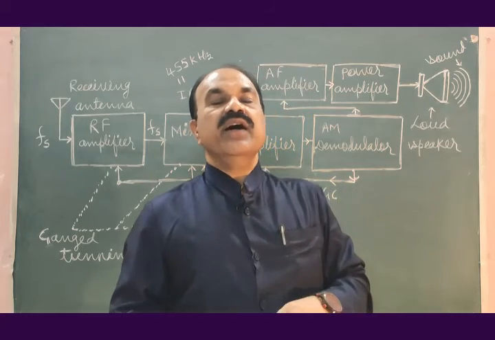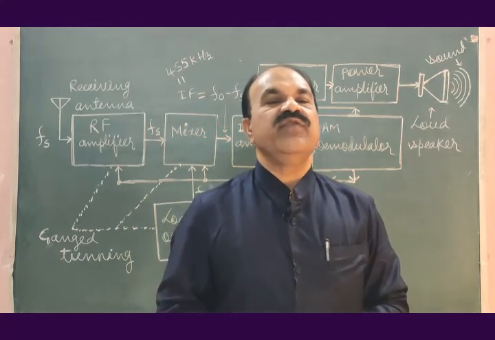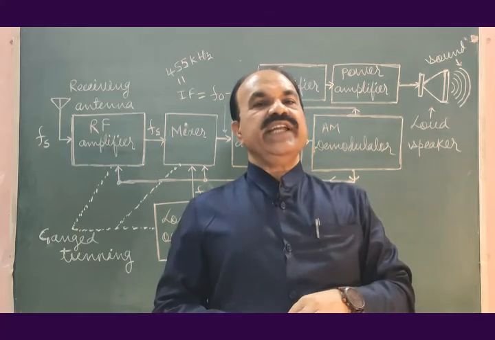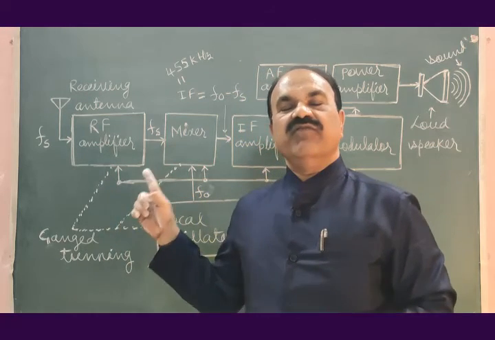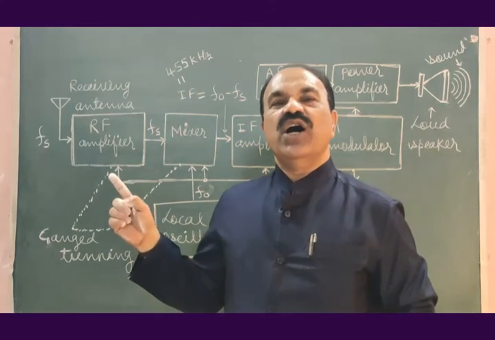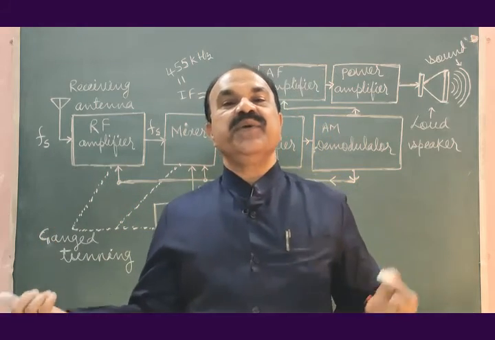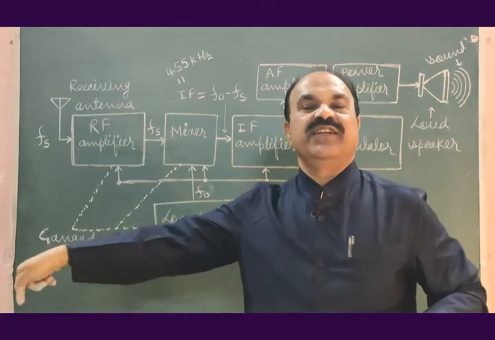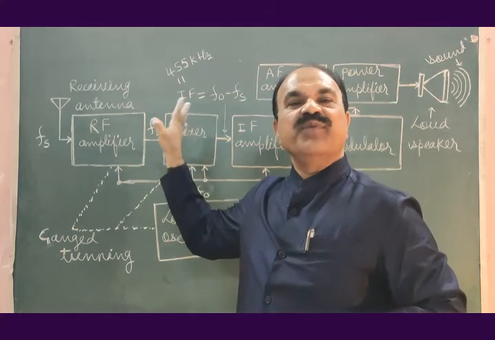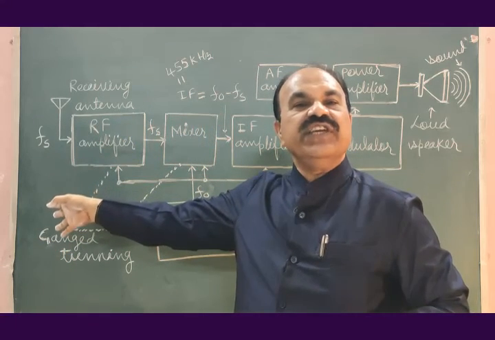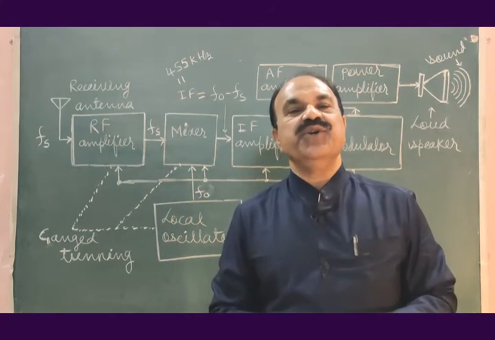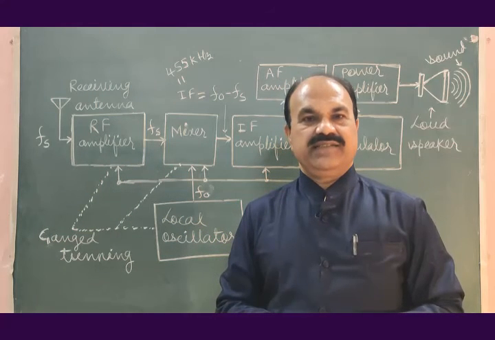This will be quality audio information without any noise. When one station is selected, the information from nearby radio stations will not interfere with the audio information of the tuned radio station.